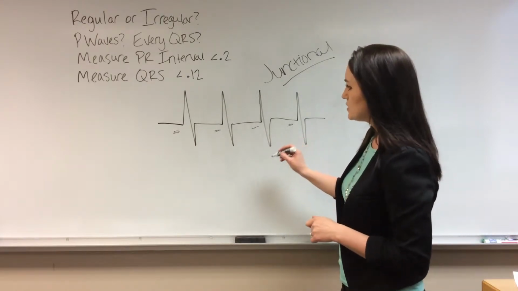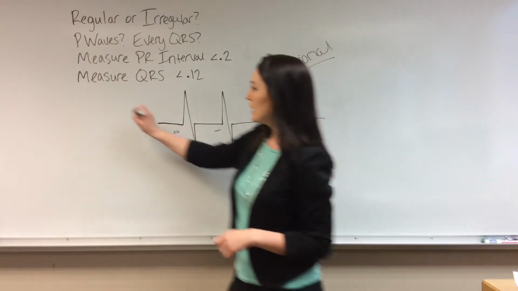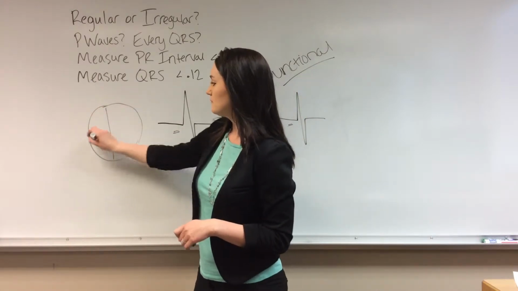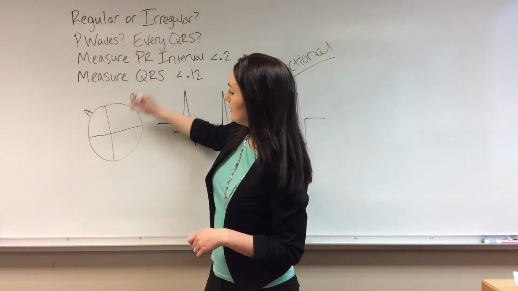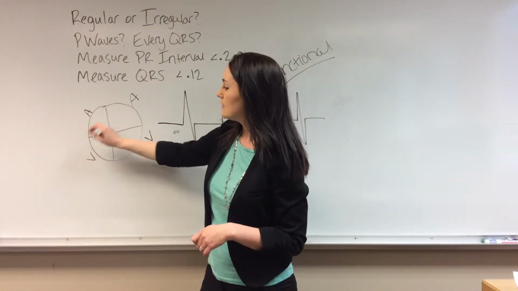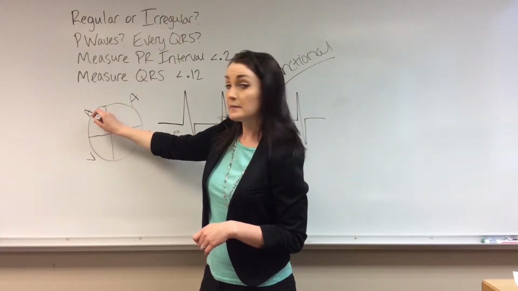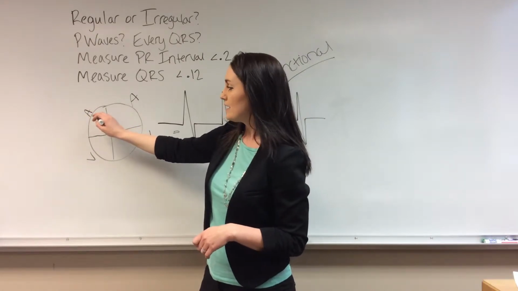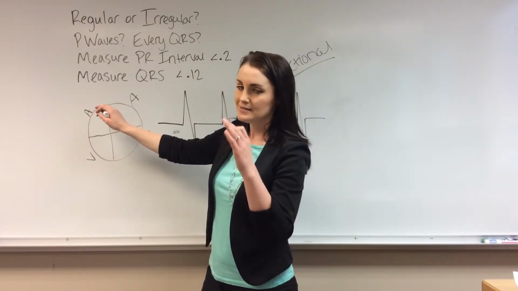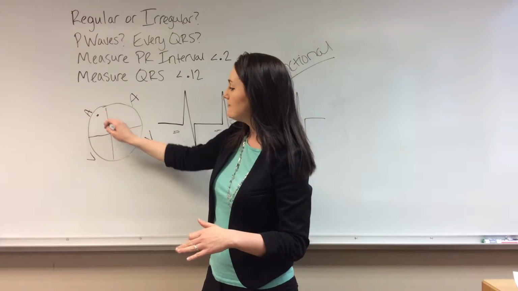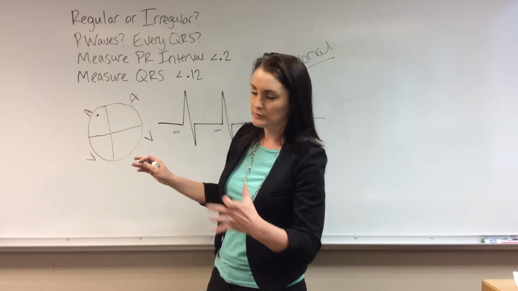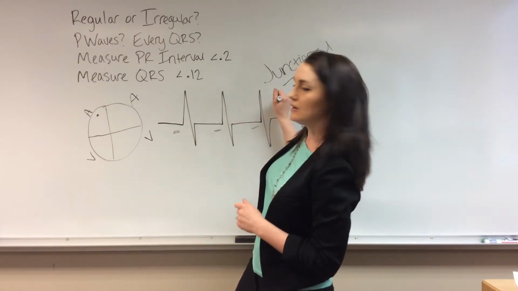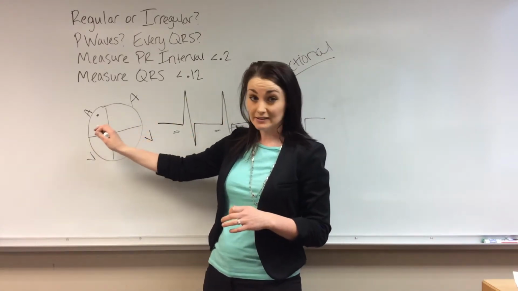And so if I draw out our heart again, and these are our atria, and here's our ventricles. The SA node is up here, and when it comes from the SA node and the atria depolarizes and that conduction follows the conduction pathway, we have a normal sinus rhythm. In junctional, the SA node has failed us.